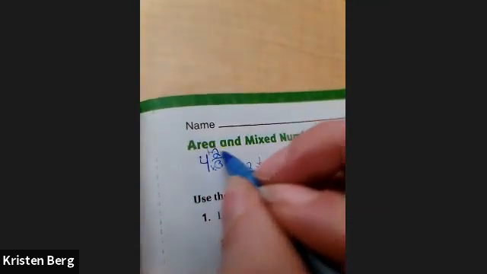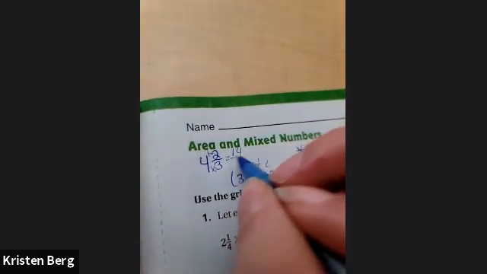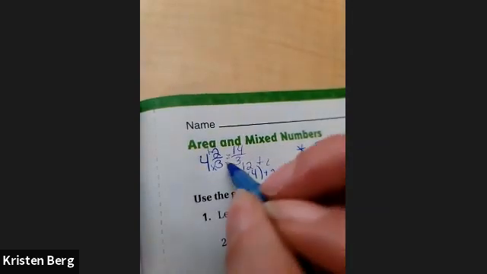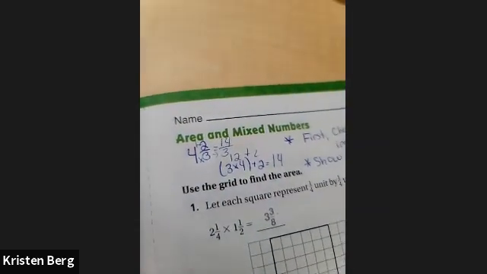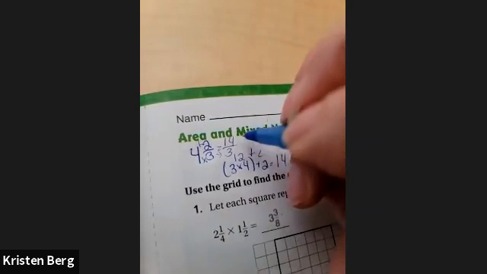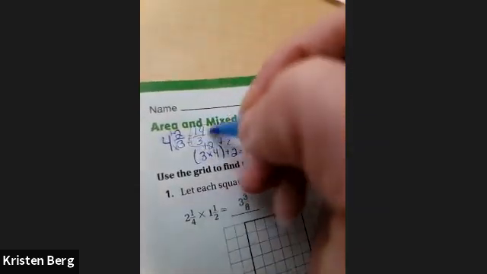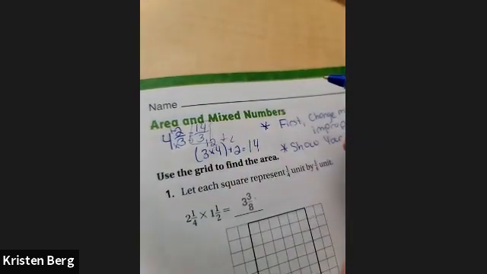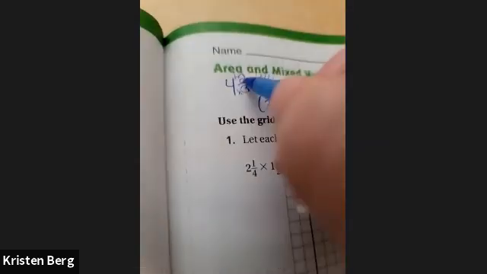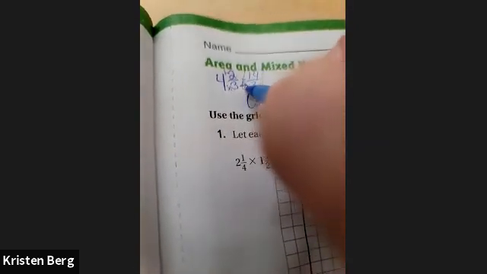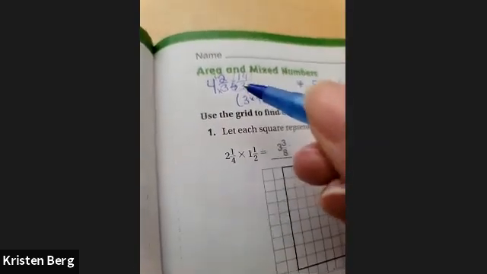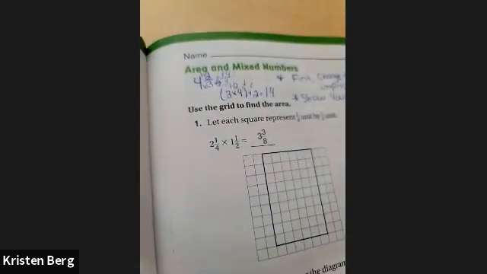So then the top would be 14 and then over the denominator, which is still 3. All right, so then that is what you do. So change them to improper fractions. So keep in mind, and we wrote this down on the other paper, if you need to do that again, it can help you here.